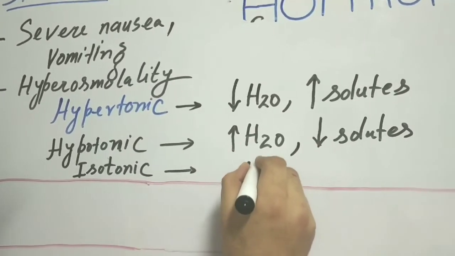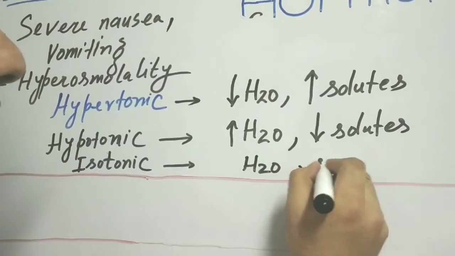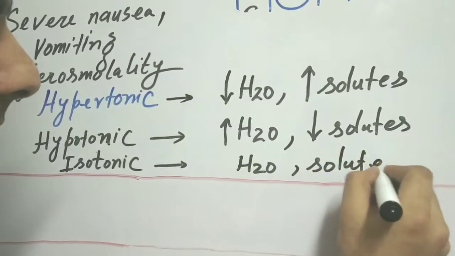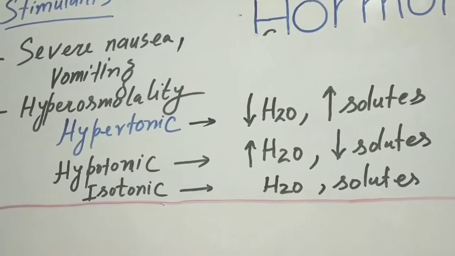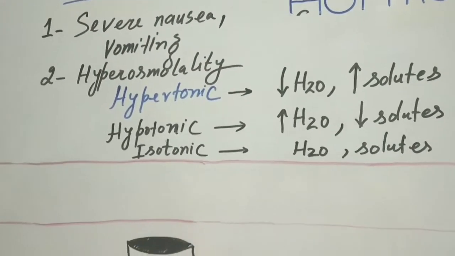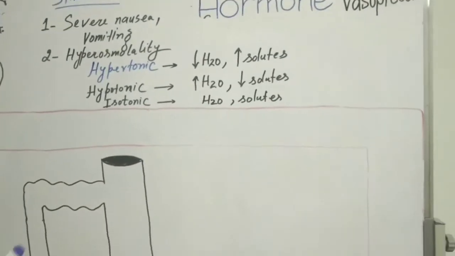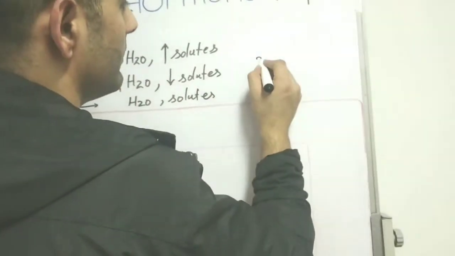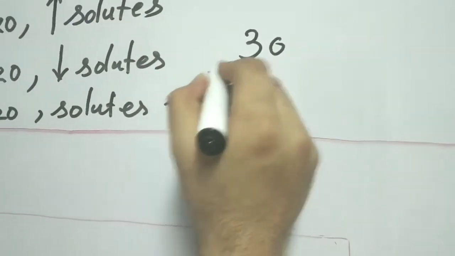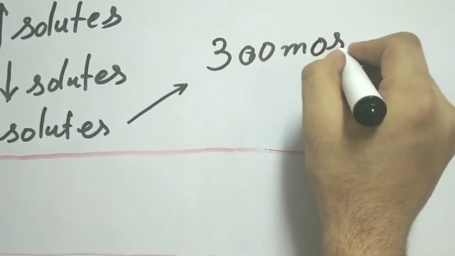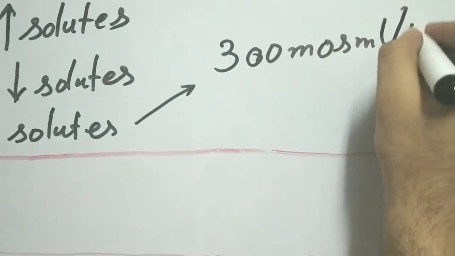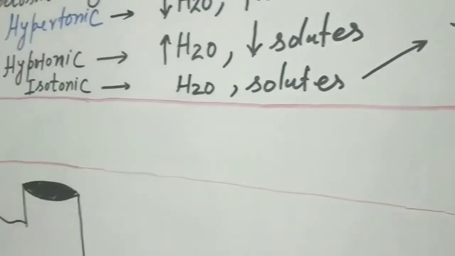Water is normal and solutes are normal. We call this isotonic, or the normal osmolality. The normal osmolality of the blood is 300 milliosmoles per liter.